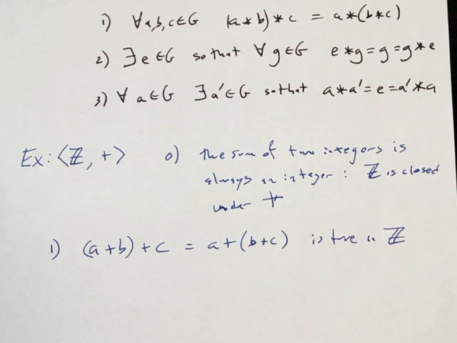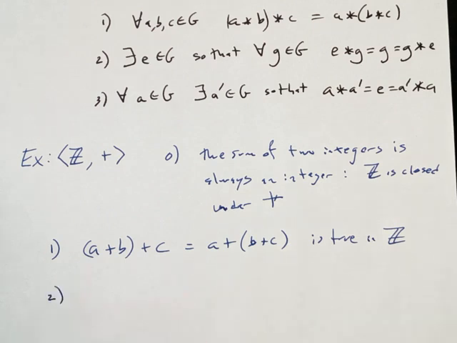I have waved my hands at this. We're going to do that a lot. Writing a formal proof for addition associativity is a pain. We didn't even do it in discrete. We said this is a property of the integers and ran with it. Identity.